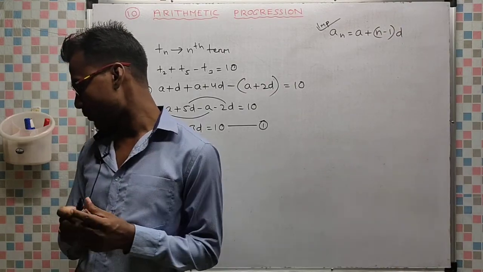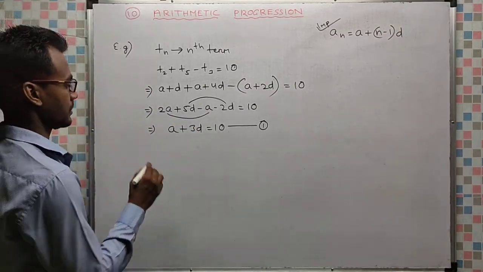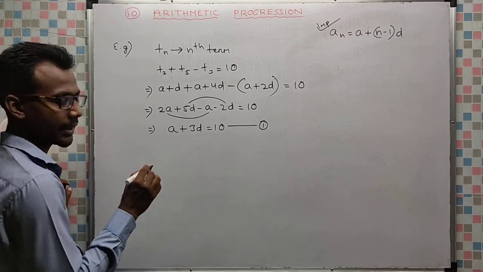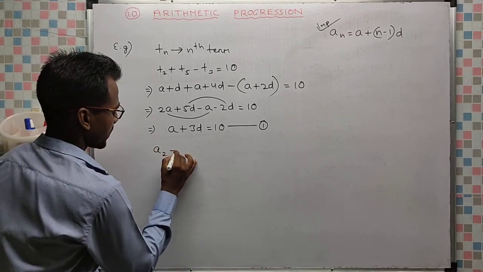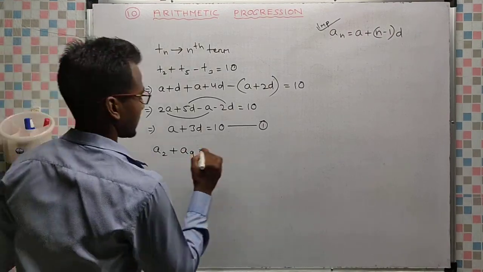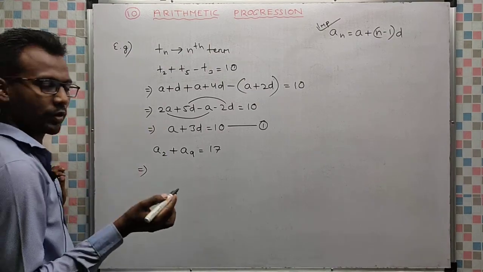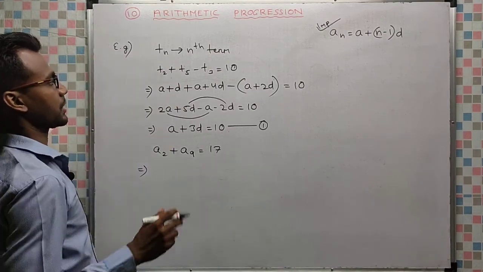It is given T2 plus T9. Instead of T2 I am writing A2. A2 plus A9 is equal to 17. T and A are the same, so in place of T you can write A, no problem.